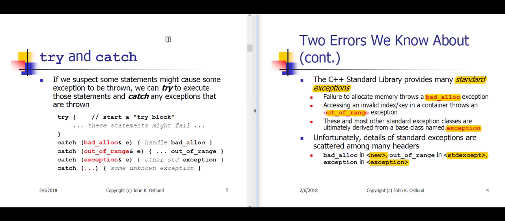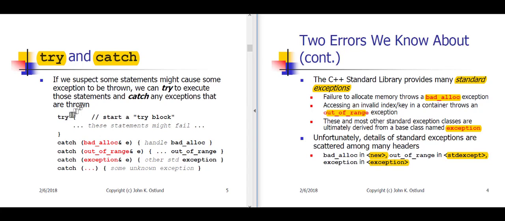Here on slide 5, we have what's called a try block, meaning that we're going to try to execute a sequence of statements. We have a suspicion that one or more of those statements might fail and throw an exception. So following the try block, we have a series of catch clauses.